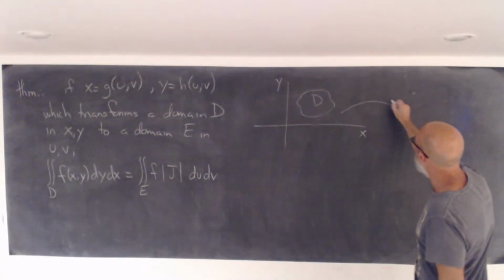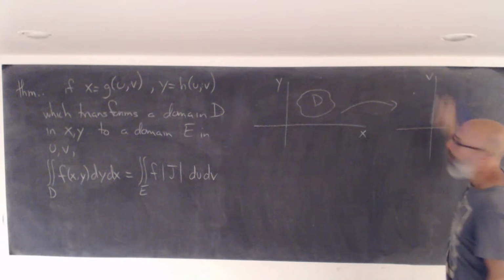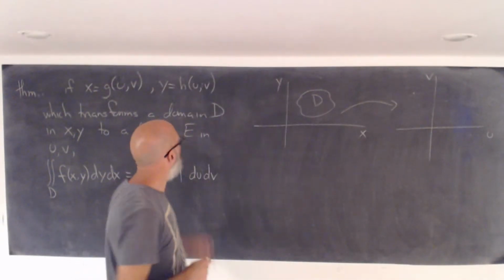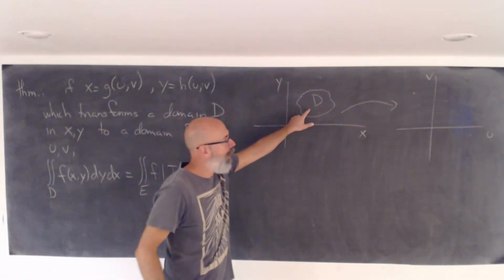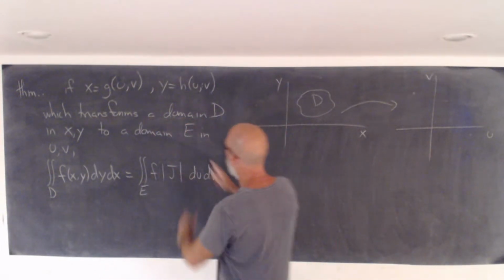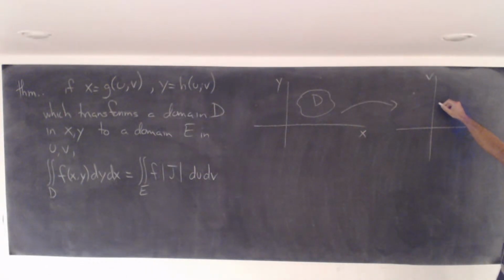So you're transforming this into a UV plane, right? U and V. And this domain is being transformed into something else. How am I going to draw something else?